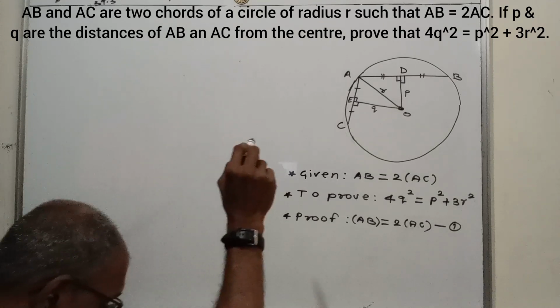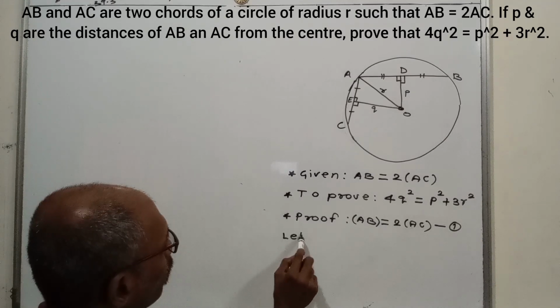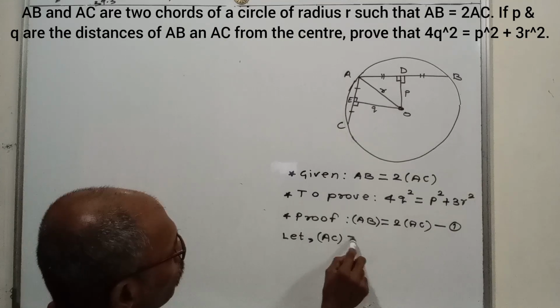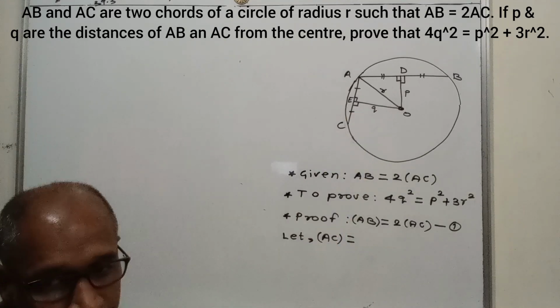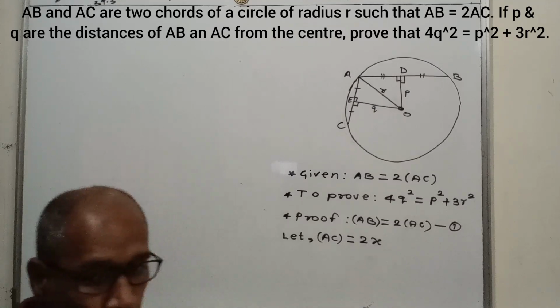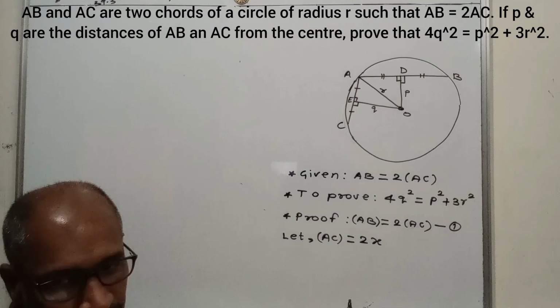Now AC is smaller than AB, so let AC be equal to 2x.